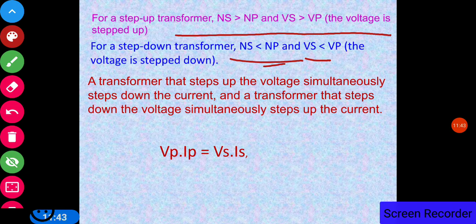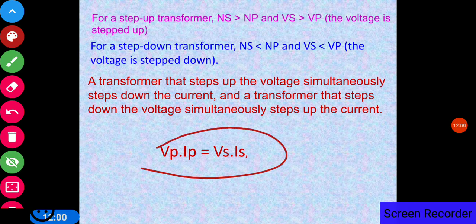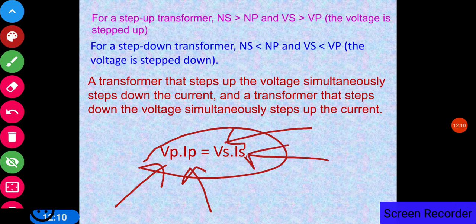Now there is no wastage of power, and we know that power is equal to voltage into current. So input power is equal to output power: input voltage into input current equals output voltage into output current. From this expression it is clear that if voltage is high, then current will be low.